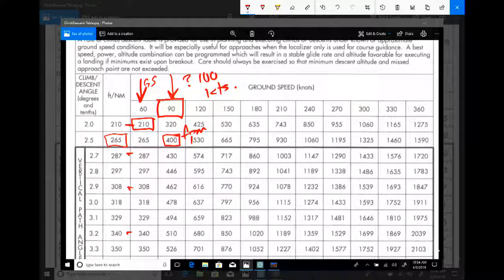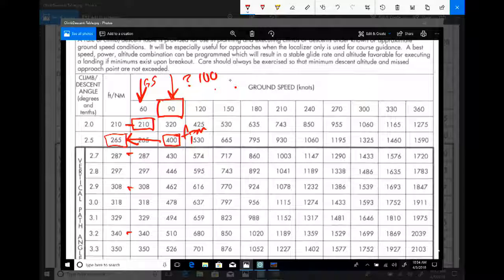So if climbing out with a ground speed of 90, 400 feet per minute will produce a climb of 265 feet per nautical mile. Got that? Because you're going faster than 60, it's feet per minute. Remember how the time thing goes? So that's kind of what that's looking at.